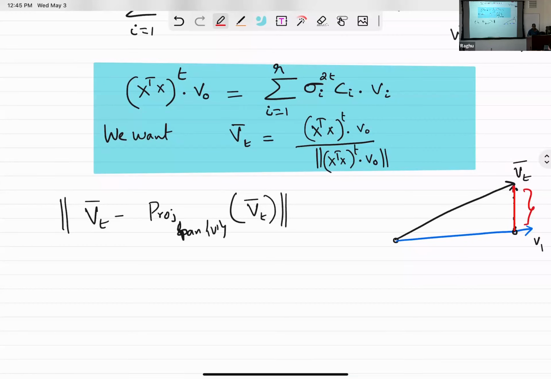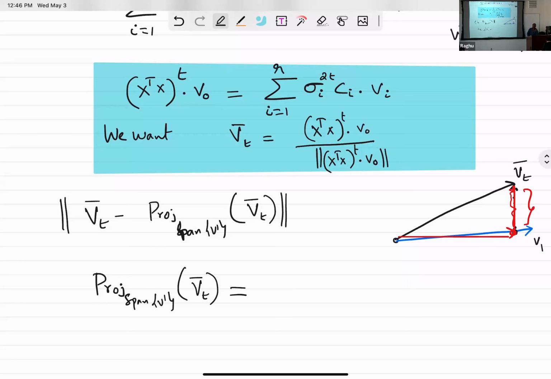But we've done something like this before. How can I calculate this length? Well, I know exactly what this is, right? So what's the length of this direction? It's given by the dot product between these two, right? So in particular, what is the dot product between VT bar and V1?